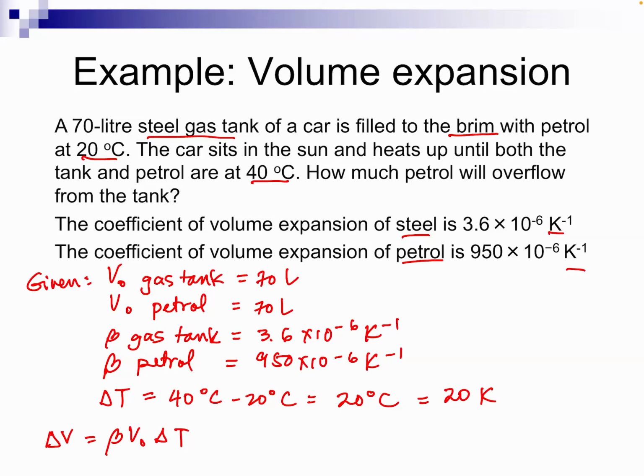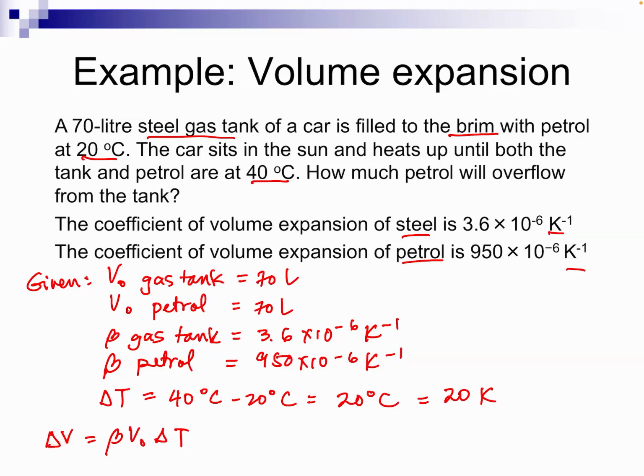Essentially, the approach here is to get the change in volume for the tank and the change in volume of the petrol and see the difference in the change in volume. So we have everything we need, so let's do that.